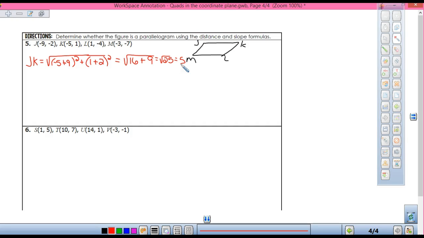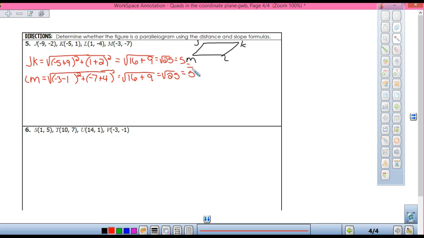Okay, we have to check JK versus LM. Okay, so if I'm doing LM, what do I have? -3, -3, -1 squared plus 7 plus 4 squared equals -3 minus 1, -4 squared, 16 plus, okay, so -3 squared is 9, gives me the square root of 25, which is 5.